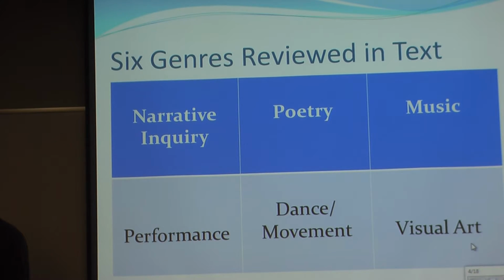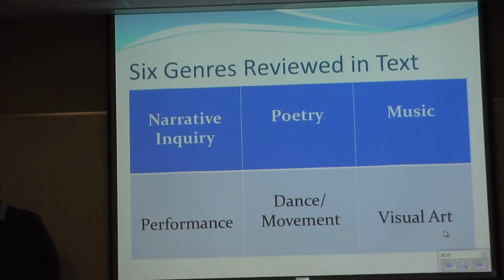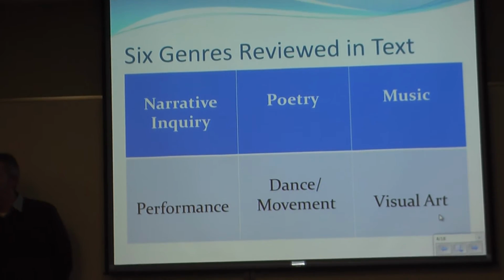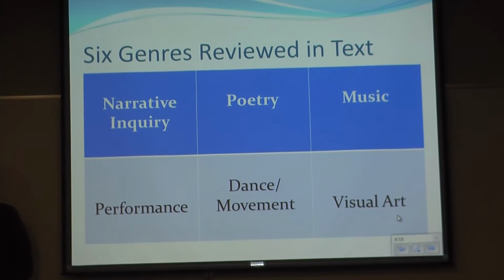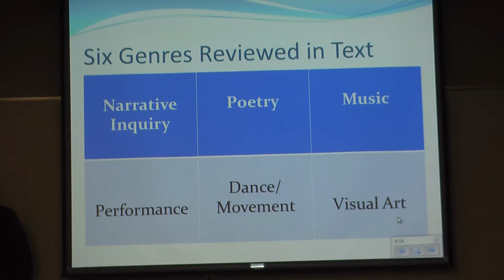The six genres that Patricia covers in the text are narrative inquiry, poetry, music, performance, dance movement, and visual art. The way they're set up in this book, they move from narrative inquiry to visual art, and the author states it's because we move from word to image.